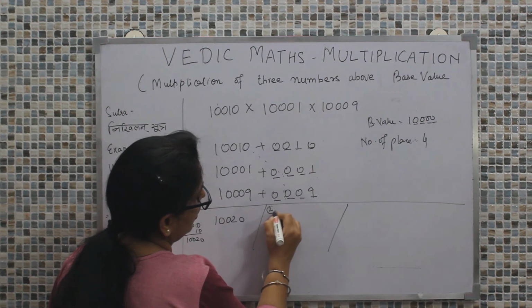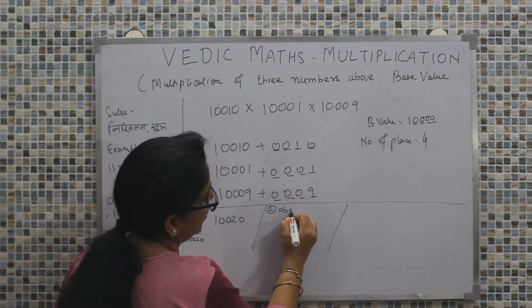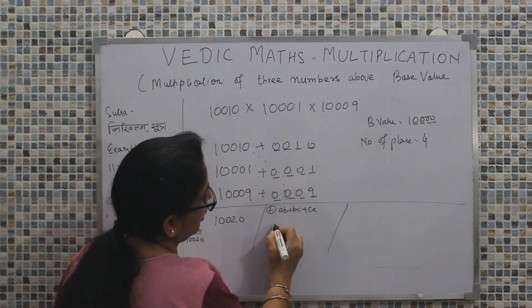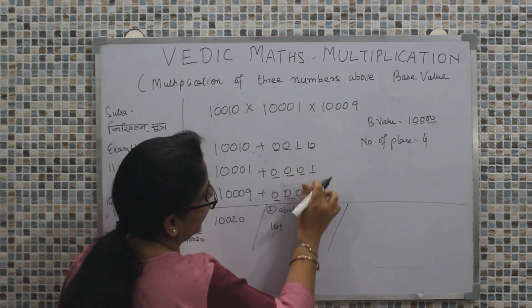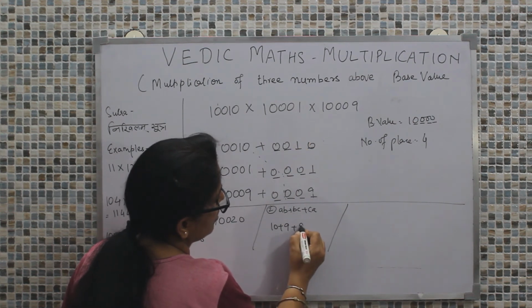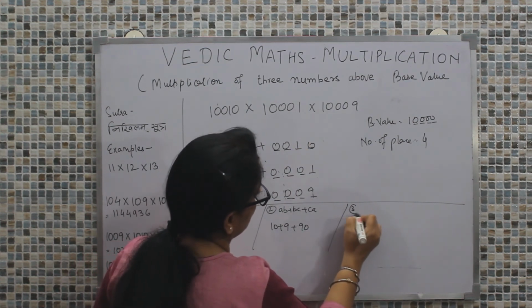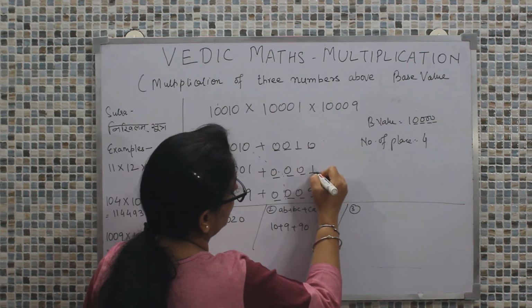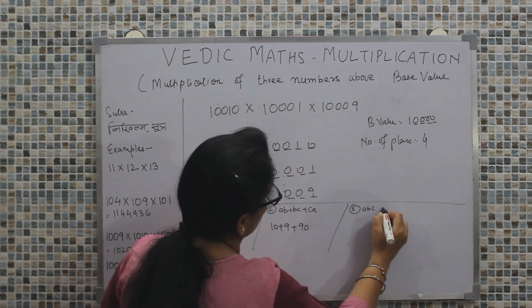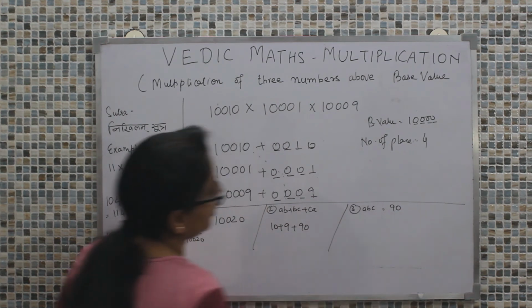Now talking about the second, it will be AB plus BC plus CA. 10 into 1 is 10, 1 into 9 is 9 and 9 into 10 is 90. The third component is 10 into 1 into 9, so A into B into C. So that will be 90.